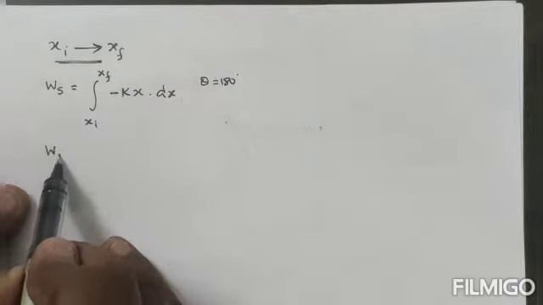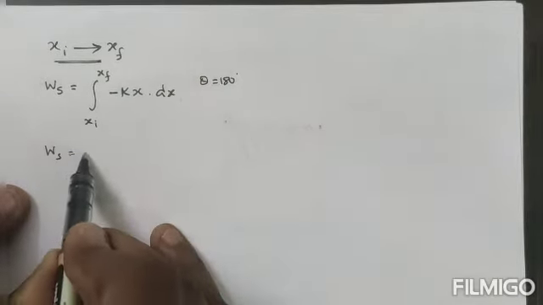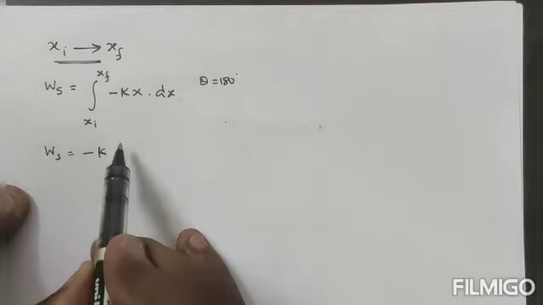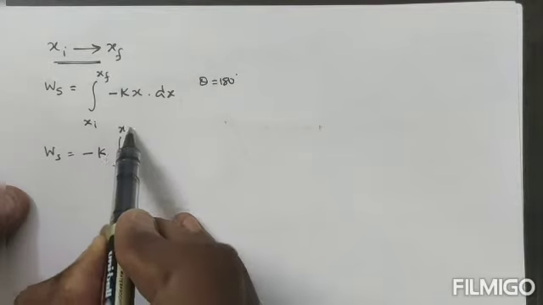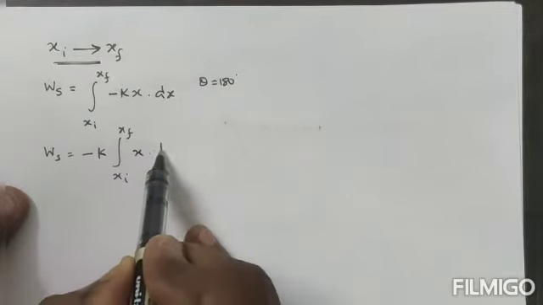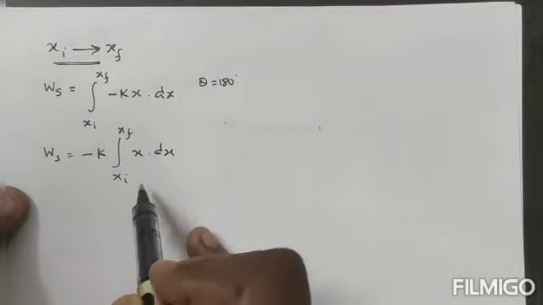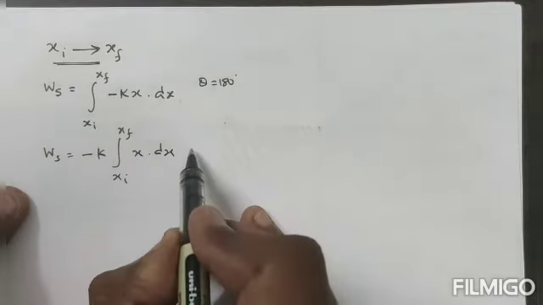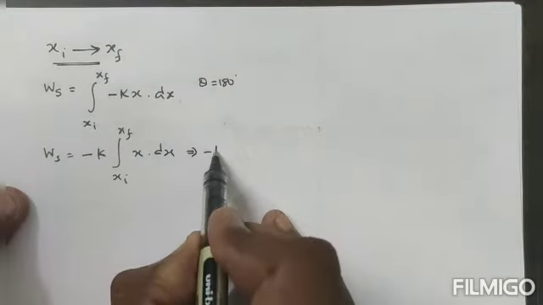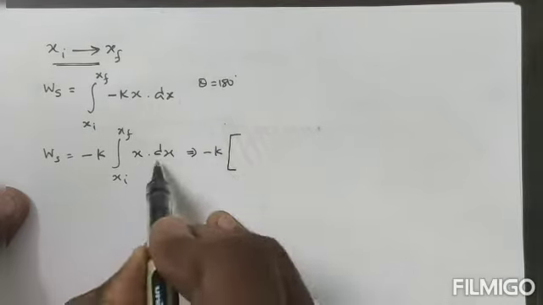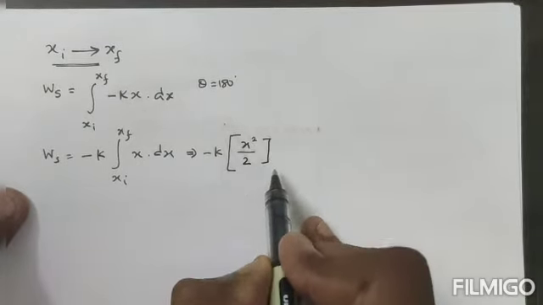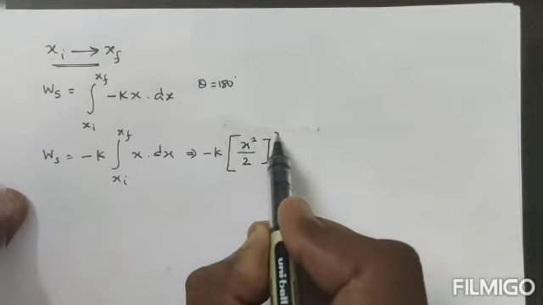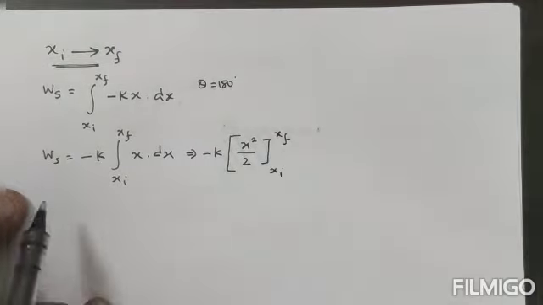Therefore Ws is equal to minus k, let's take it outside. The remaining integral is x dx. If you integrate, we get x squared divided by 2. Then we apply the limits, lower limit xi and upper limit xf.